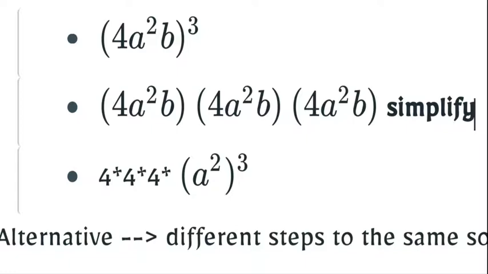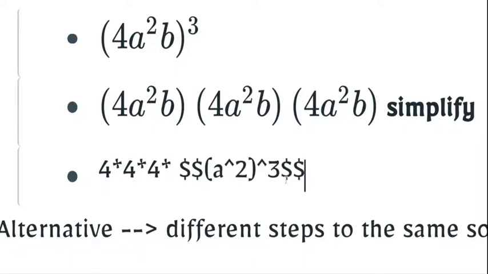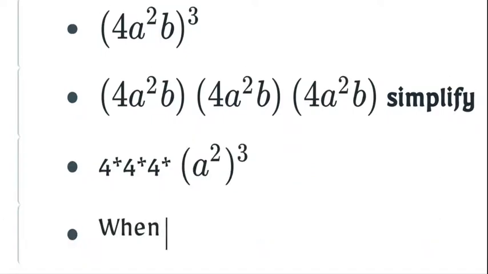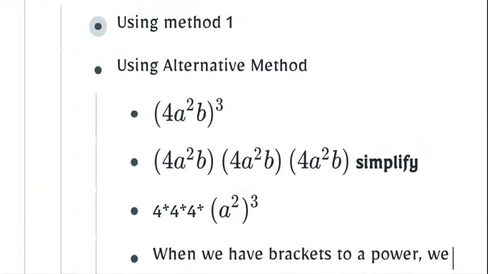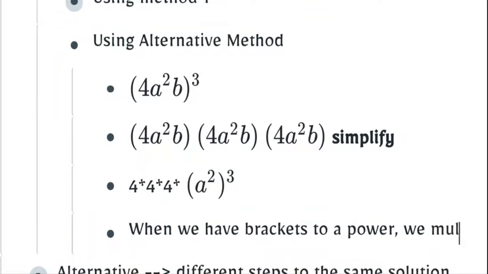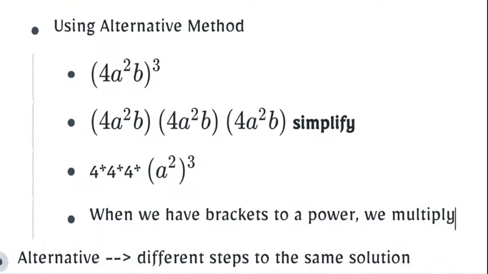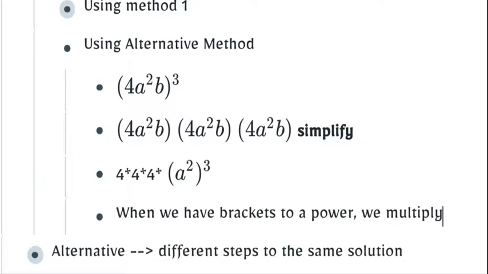Multiply. Right. Good job, Jazeel. Let's write that. So when we have brackets to a power, we multiply. I'm glad to know people are reading over. That's excellent. We multiply the 2 index.